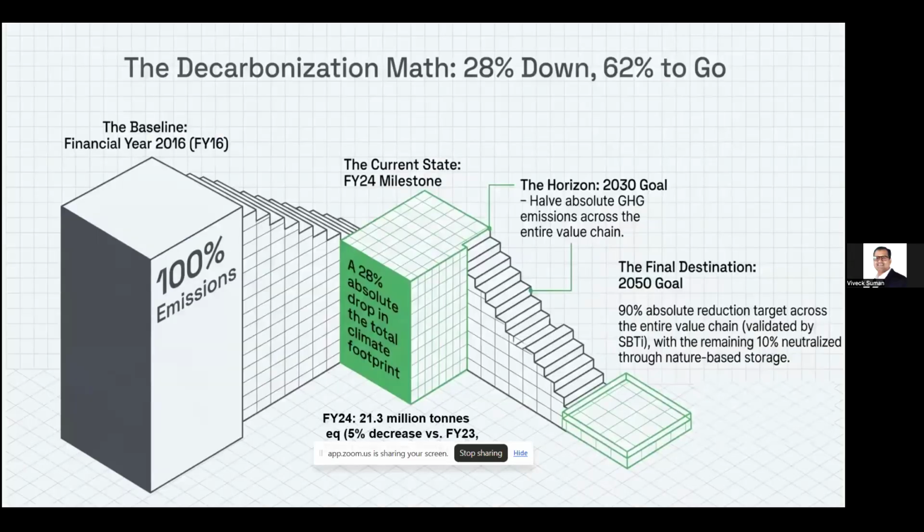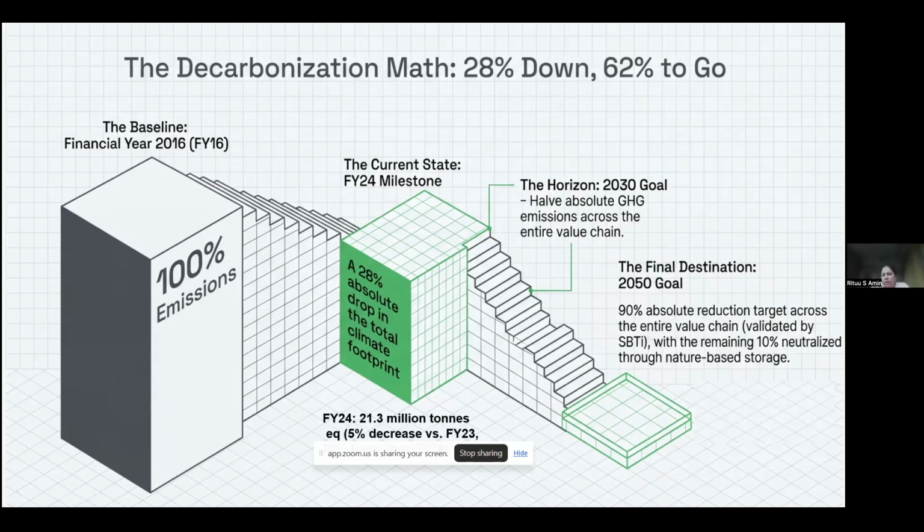So in terms of the decarbonization, their baseline year was 2016, and from that year till 2024, they have already gone down 28%. Their emissions in FY24 were 21.3 million tons, which is already a 28% reduction.